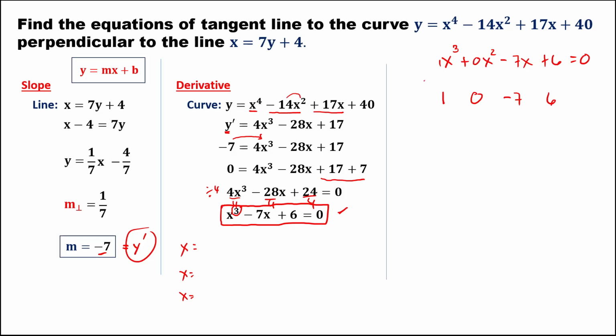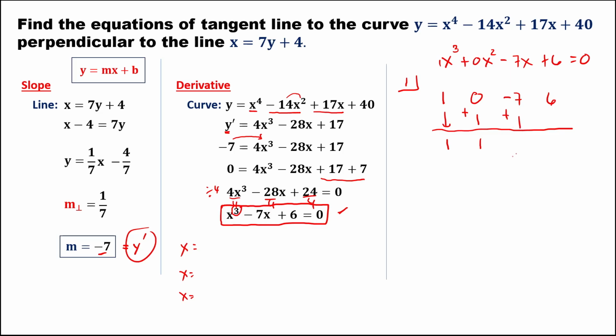Then we're going to use trial and error. So let's start with x equals 1. To do the synthetic division, first bring down this 1, then 1 times 1, this is 1, then add. So this is 1, then 1 times 1, this is 1, then add.